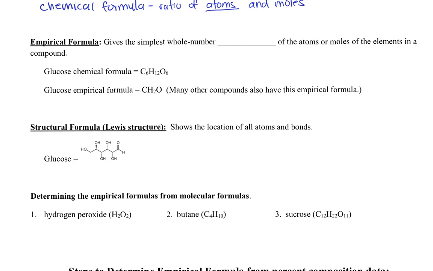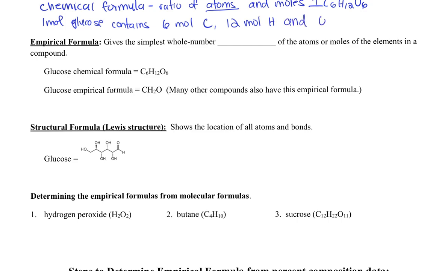So as a reminder, the formula for glucose is C6H12O6, and this means that one mole of glucose has, or contains, might be a better word, 6 moles of carbon, 12 moles of hydrogen, and 6 moles of oxygen.